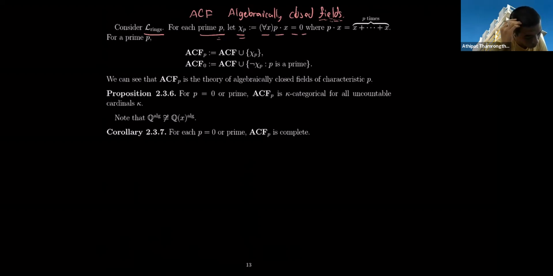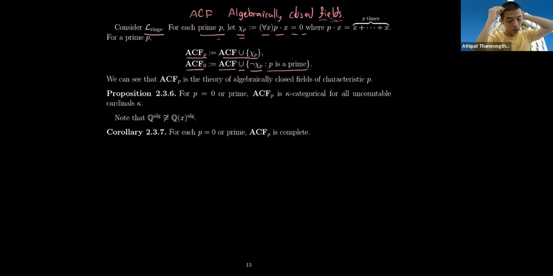So it will mean that if you consider ACF with chi p, this is going to be the theory of algebraically closed fields of characteristic p. And for algebraically closed fields of characteristic 0, we're going to have ACF and then not chi p for every p that is a prime.